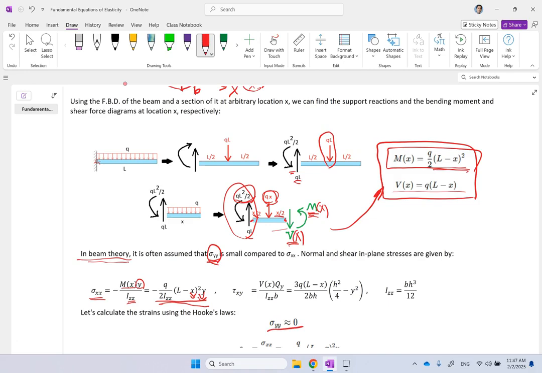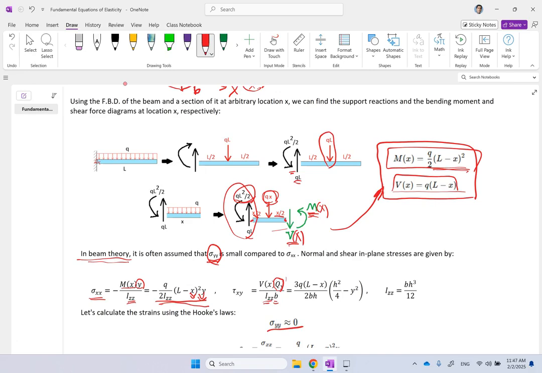Tau xy, the shear, again we'll see later, is equal to the shear force V times Qy over Izz b. Izz is the same as before. b is the width of the beam. Qy is what we call the first moment at the location y and above.